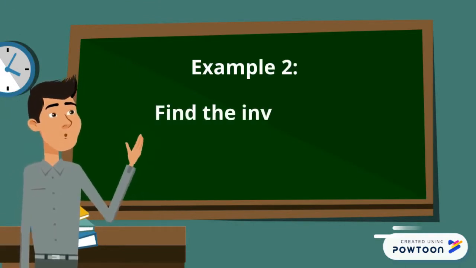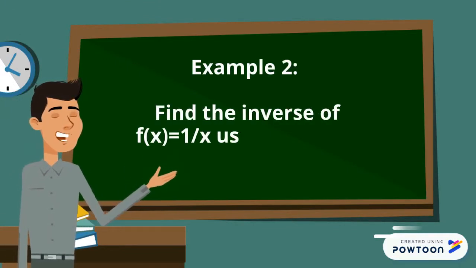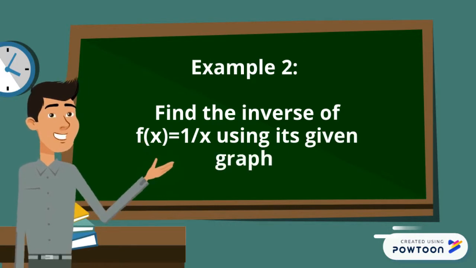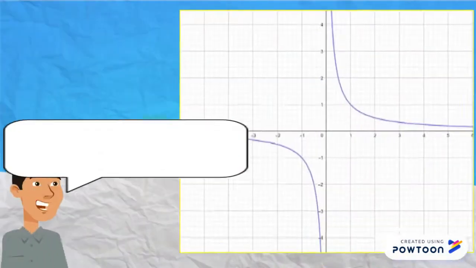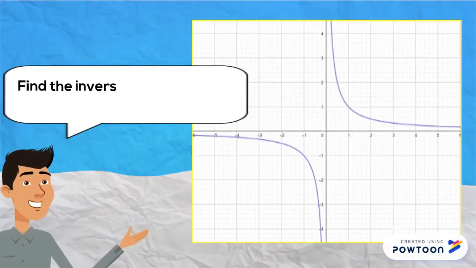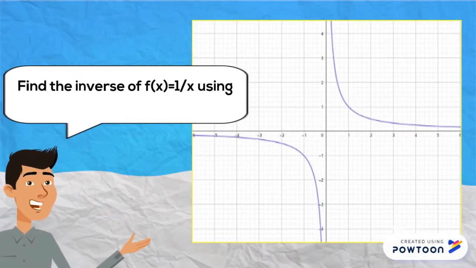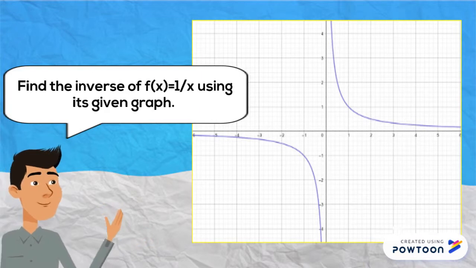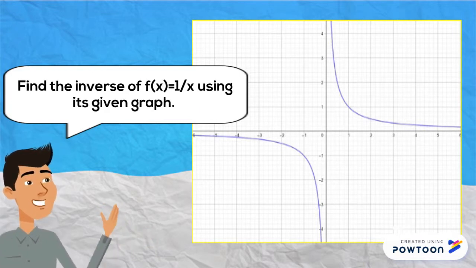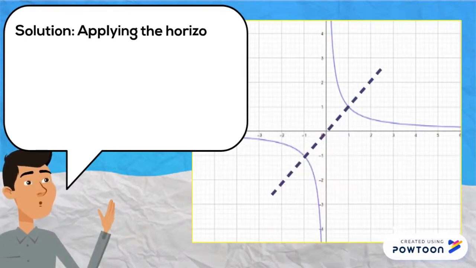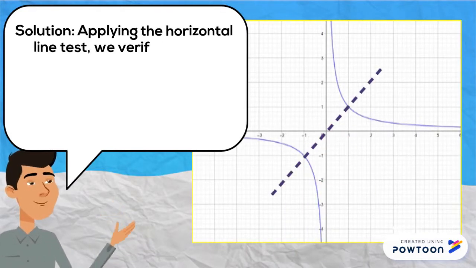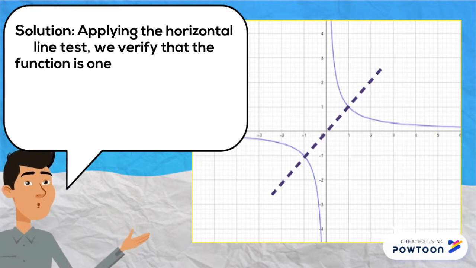Example number 2. Find the inverse of f of x = 1 over x using its given graph. Let's now find the inverse of f of x = 1 over x using its given graph. Solution. Applying the horizontal line test, we verify that the function is one-to-one.